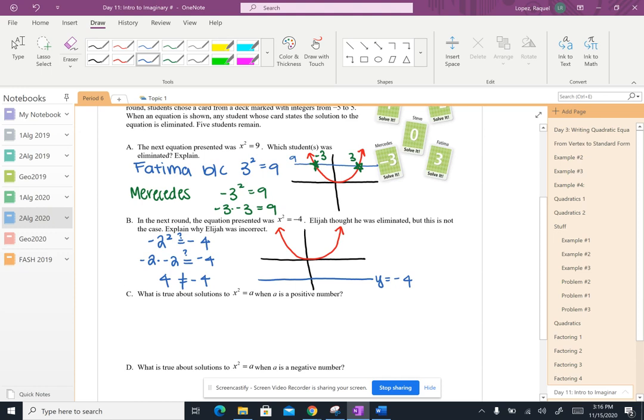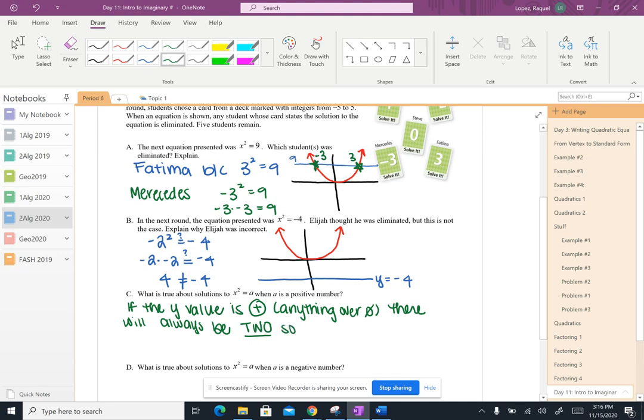Part C is basically asking us to summarize our findings in part A. We can see that if the y value is positive, or another way to say that, anything over 0, there will always be two solutions.